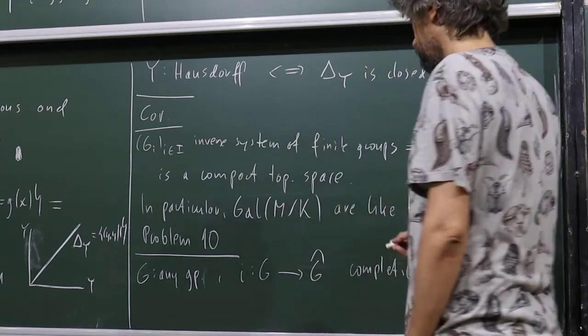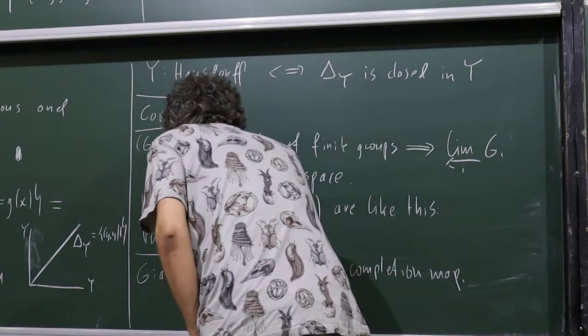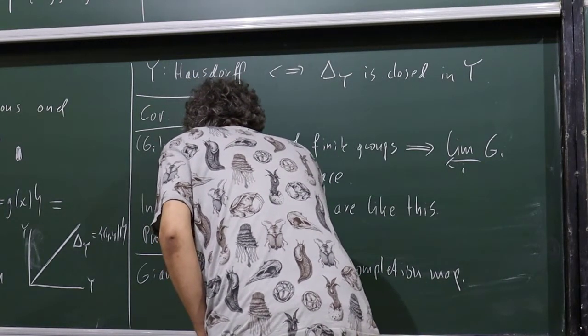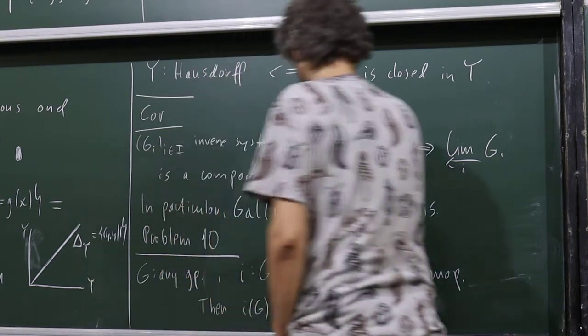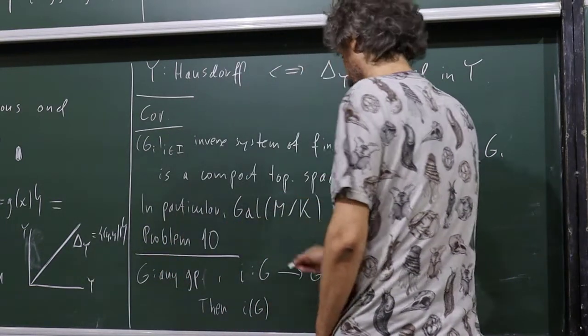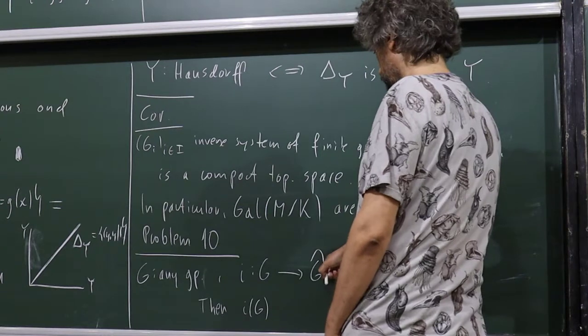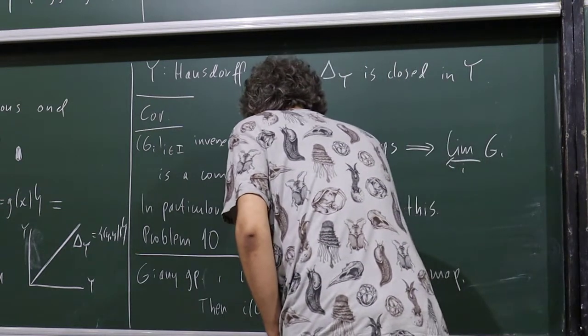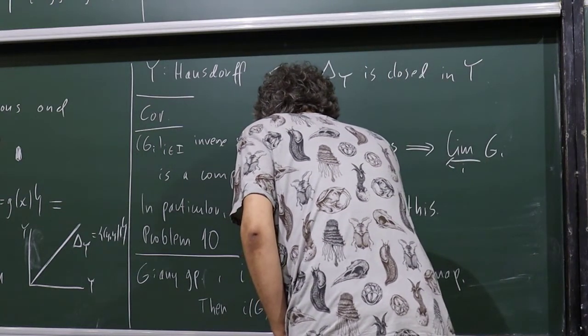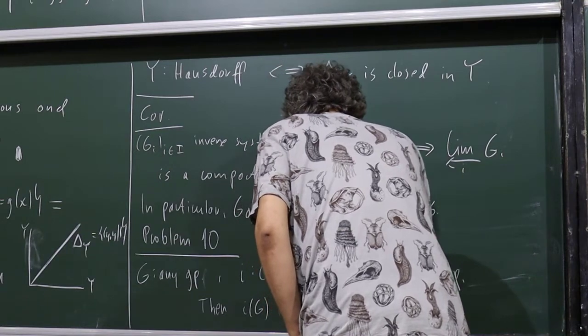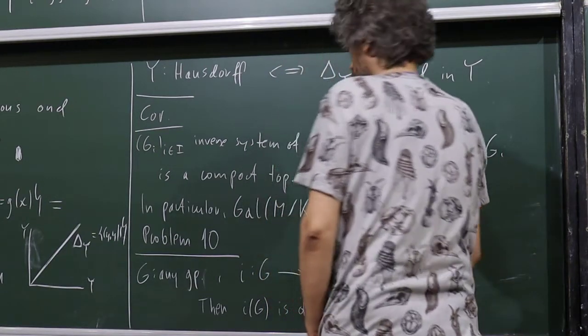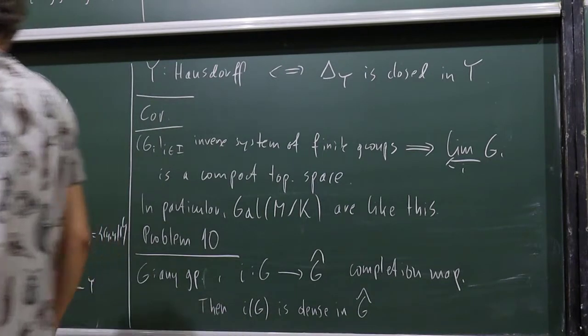As I was saying last time, show then the image is dense here with respect to this topology. And this is an inverse system of finite groups.